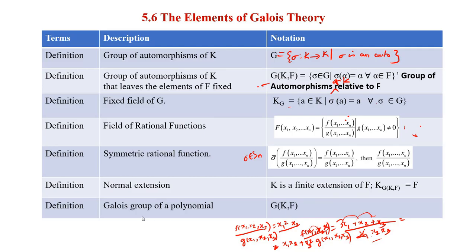Next, we have the Galois group of a polynomial.